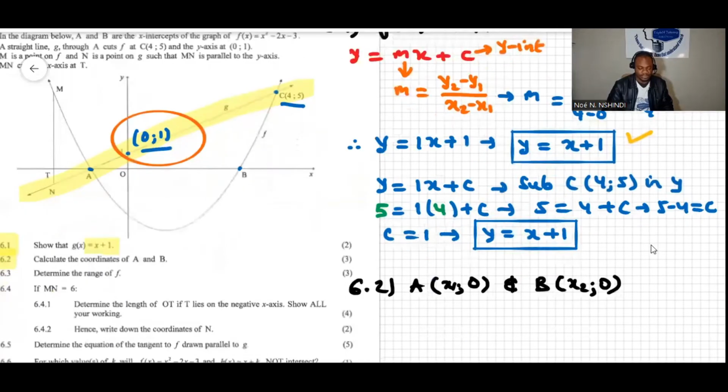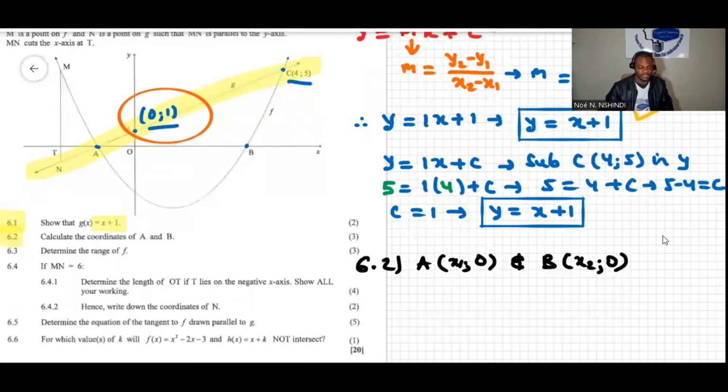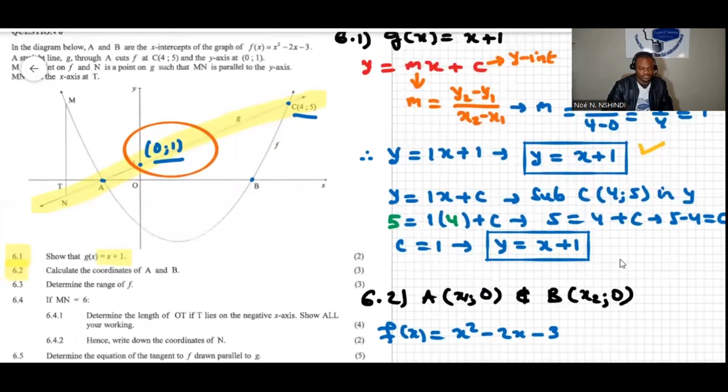Now, what can I do then? We're going to set the equation of the parabola equal to 0. The equation of the parabola f of x is given by x squared minus 2x minus 3, which is what was given here.